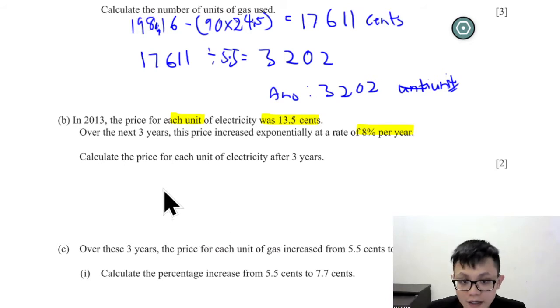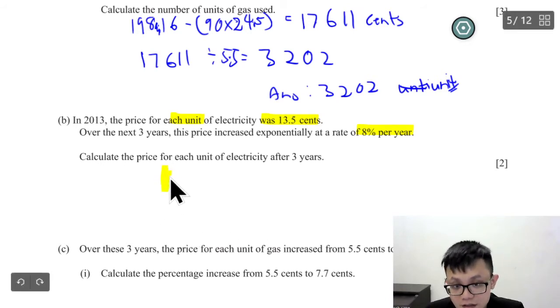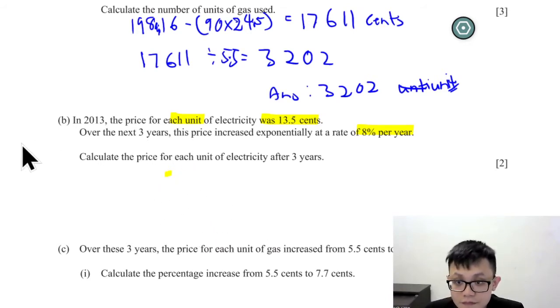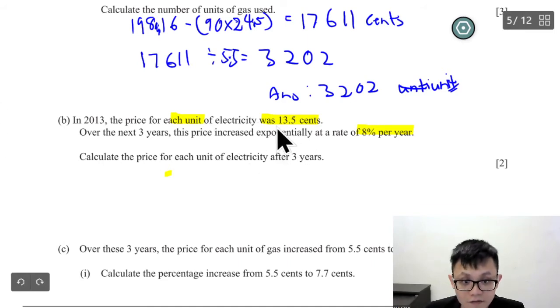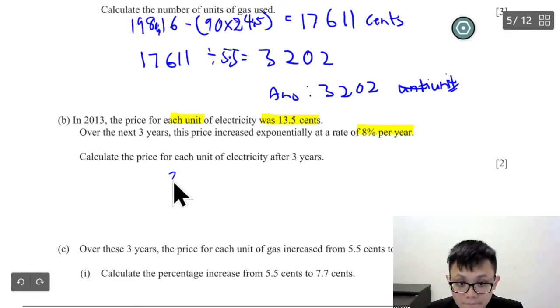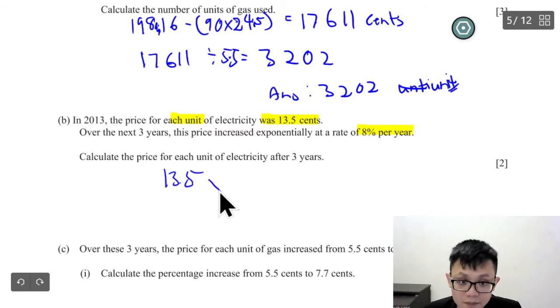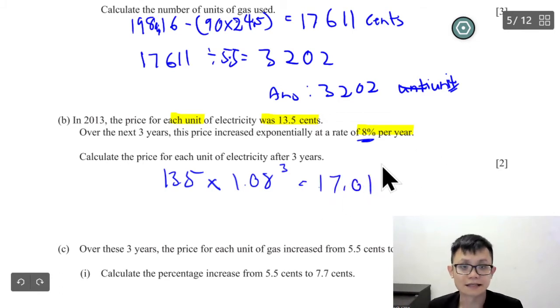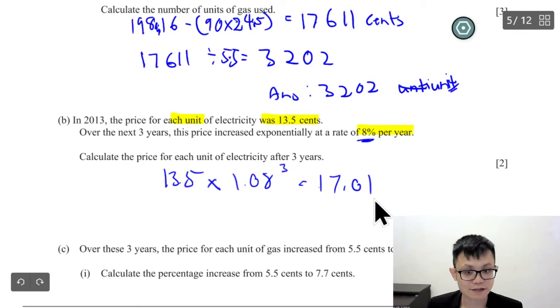We use 13.5 times 1.08 to the power of 3 years. So we will get 17.01. Easy. Let's move to the next question.